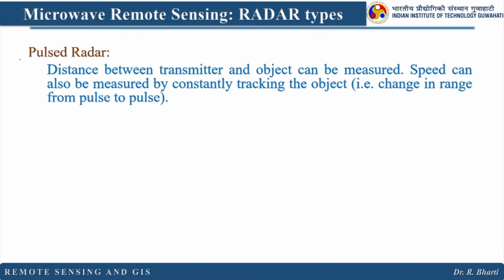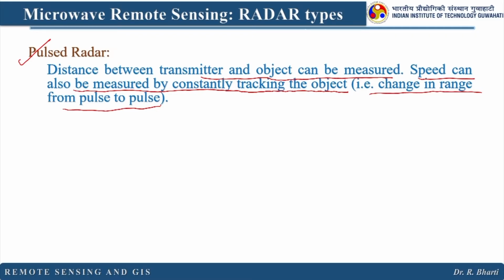This is the first type, where we have pulsed radar. In pulsed radar, the distance between transmitter and object can be measured, and the speed can also be measured by constantly tracking the object, that is, the change in range from pulse to pulse.